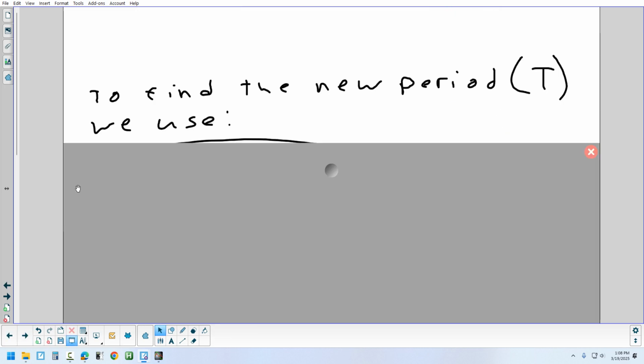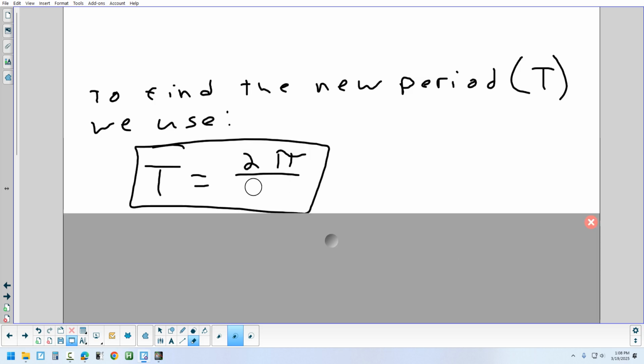All right. So one thing that we're going to have to do in this section, something like we did yesterday, we're going to be asked to find the period. Okay. So yesterday I asked you to find the amplitude in some problems. You didn't have to graph it. All you have to do is take the absolute value of the number in front. Okay. This is the formula to find the period. So when you stretch or compress it, and I ask you, how long does it take for one cycle?